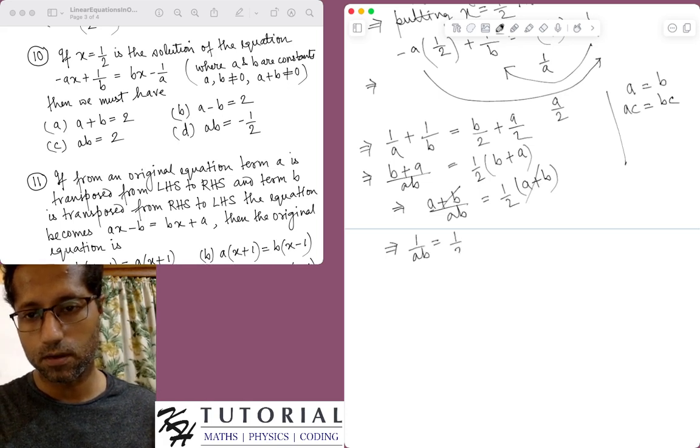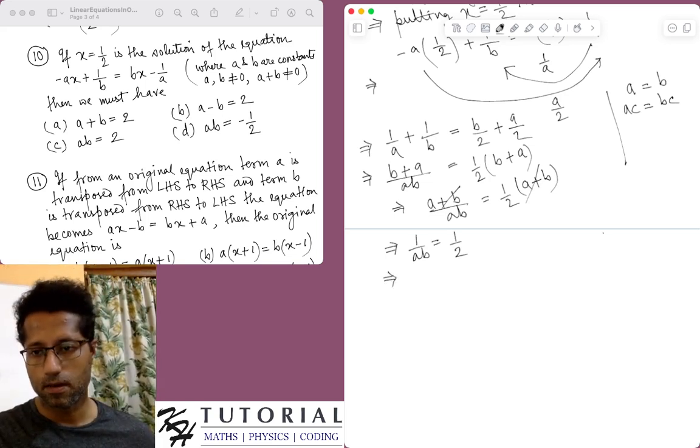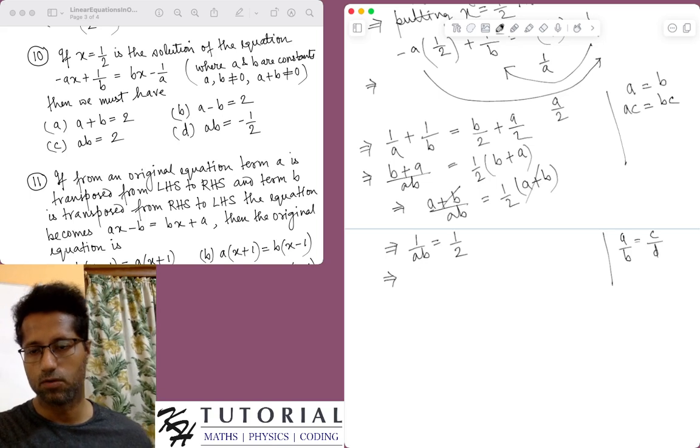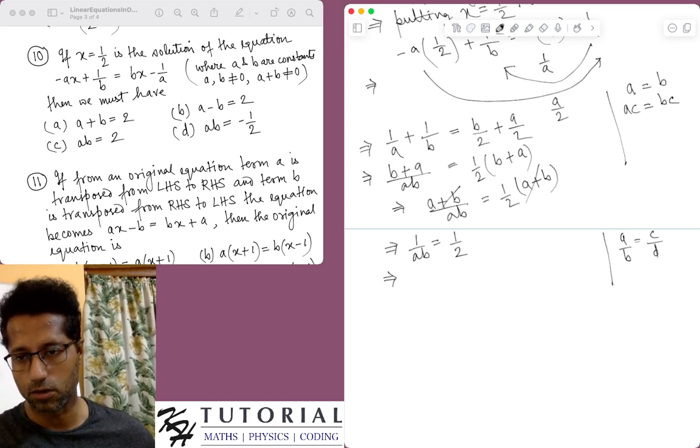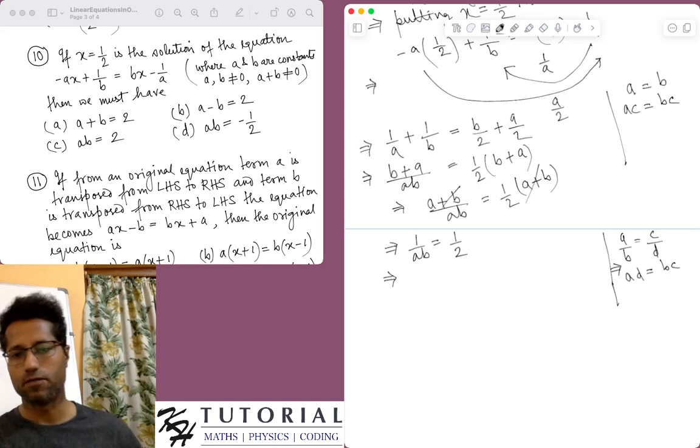1 by half. So if I do cross products, you know that for two rational numbers, if a by b equals c by d, then doing cross products, we can equate the cross products, that is ad equals bc. We know this from the properties of rational numbers.